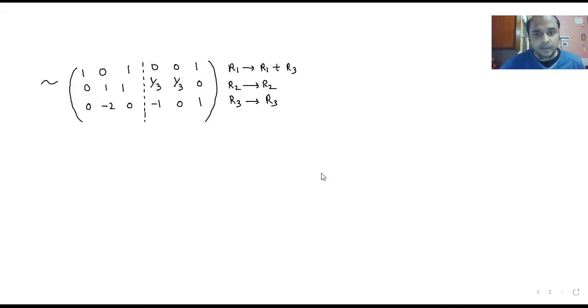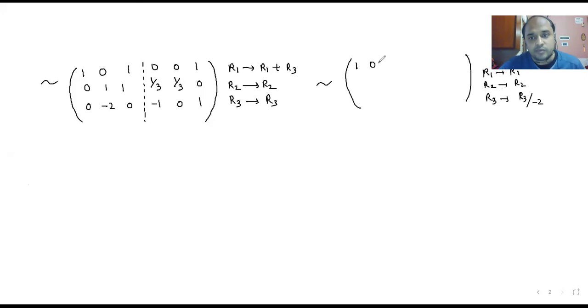Now after that, the operation I've applied is that I have kept everything unchanged except R3. R1 is unchanged, R2 is unchanged, and in the case of R3, we have divided the elements of R3 by minus 2.